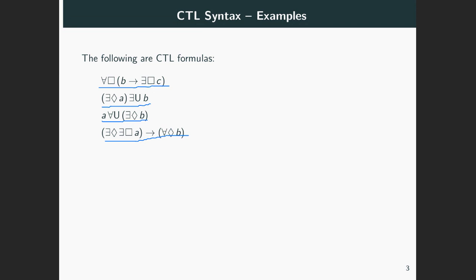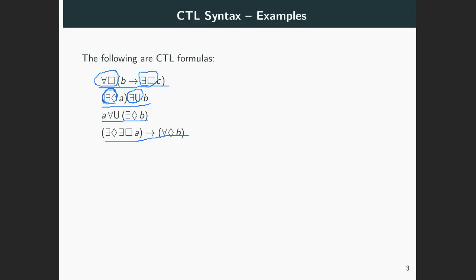Note again how the path quantifiers and the temporal operators come in pairs: for all always, there exists always, there exists until, there exists eventually, there exists until, and so on.